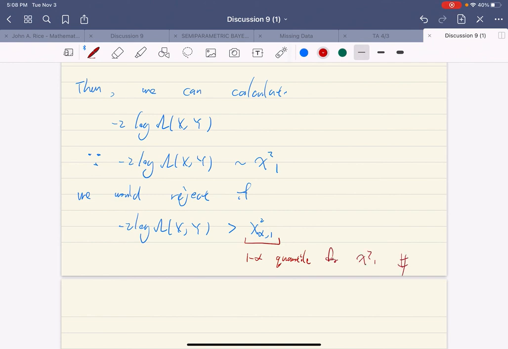Okay, so that's all. That is the likelihood ratio test if we use the negative log likelihood.